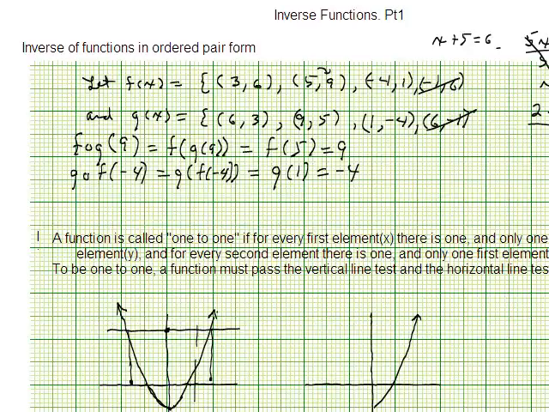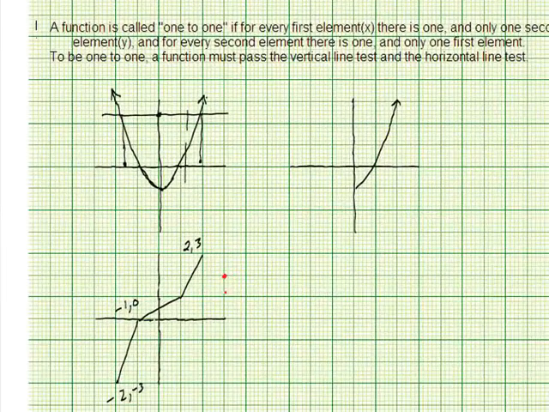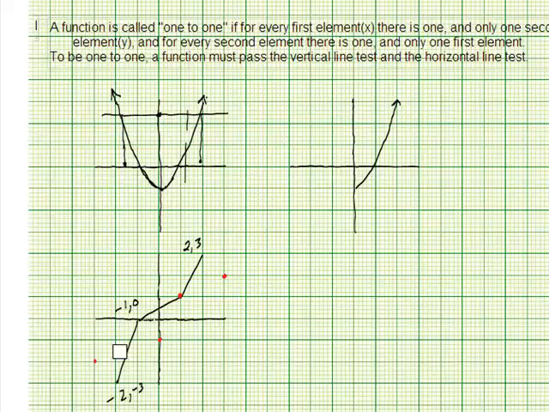So I'd go 3 to the right, 2 up, and get a point right here. 1, 1, of course, if you reverse it, is still 1, 1. Negative 1, 0 would reverse to 0, negative 1. So that would be right here. And negative 2, negative 3 would reverse to negative 3, negative 2. So that would be right here. So my reversing function, my inverse function, would look like this.